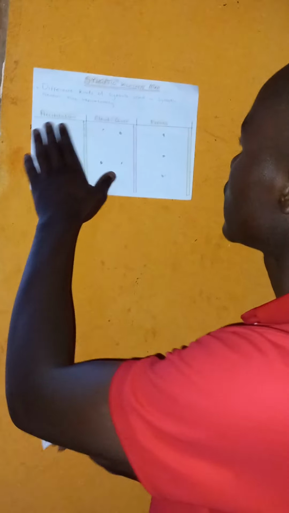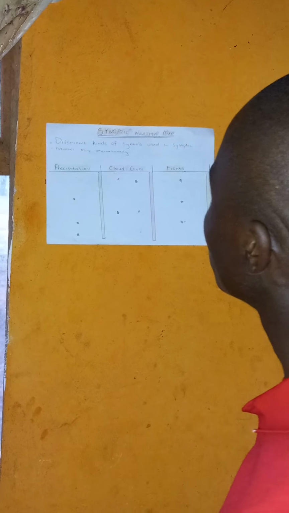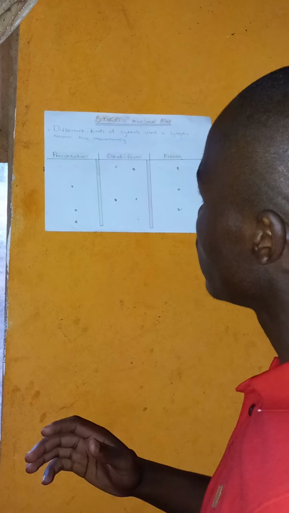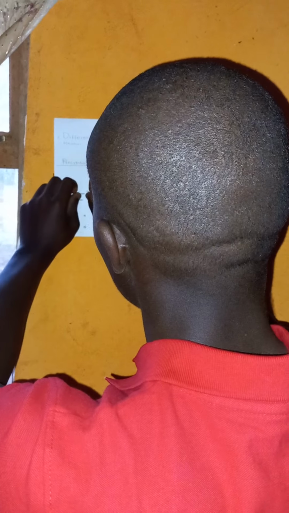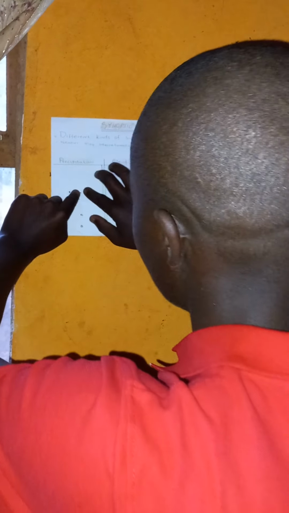Is there anybody who can come and tell us what is rain? What is rain on the chart? Oh yes, correct. It is a precipitation. Okay, in which column do rain and drizzle fall in our chart? Oh, correct. Yes, they fall in precipitation.